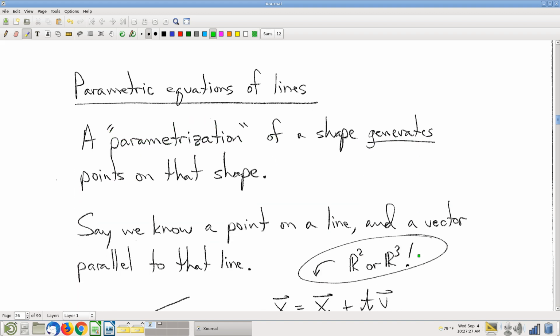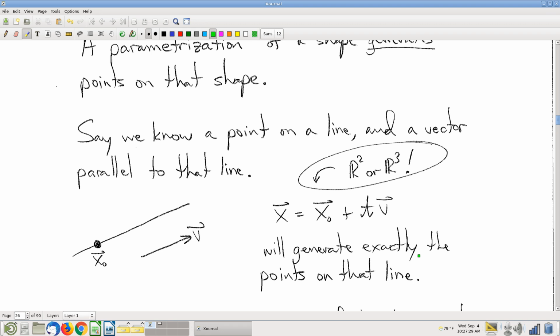Okay, so here's the idea. Suppose I know a point on the line, and notice it would be weird for me to try to describe this line by saying it's perpendicular to that vector. Our old game from R2, right? Now, notice we're in space now. If I try to describe that line by what's perpendicular to it, well, there's lots of lines that are perpendicular.